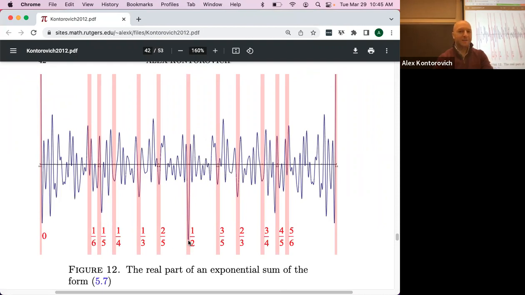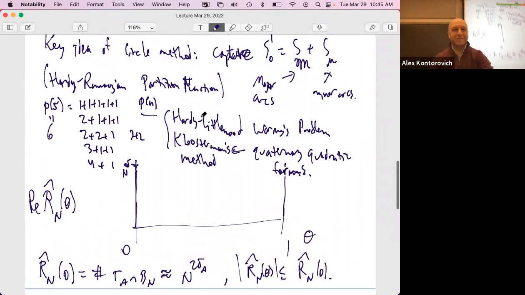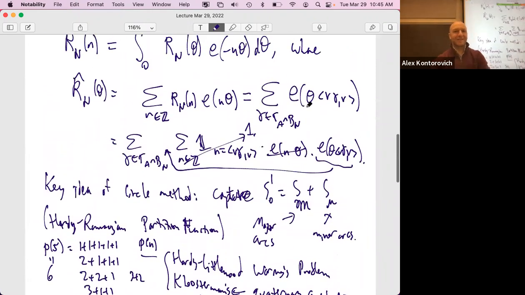Now what's going on at a half? Exactly at a half, you're getting a plus sign every time the number is even and a minus sign every time it's odd. If theta is equal to a half, then depending on whether this number is even or odd, it points plus 1 or minus 1.